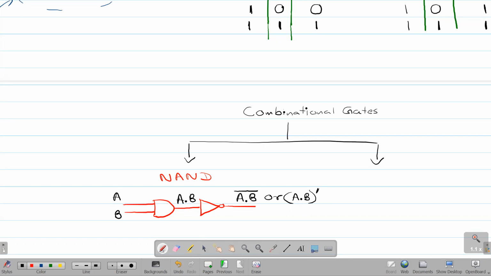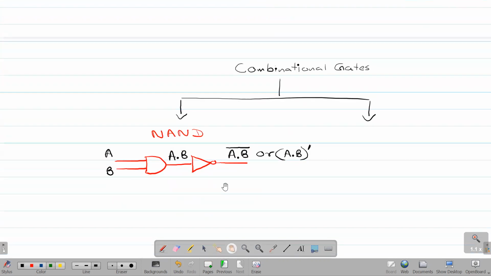But if we are asked to draw the NAND gate, it can be drawn like this. It has one single symbol. The single symbol is drawn like this: in front of the AND gate, we connect the dot of the NOT gate.